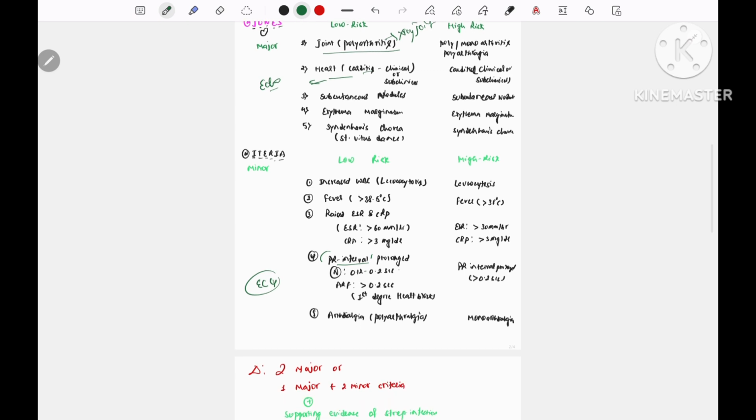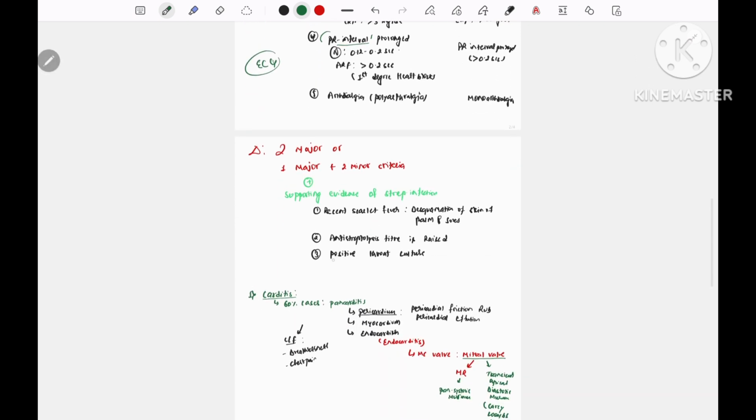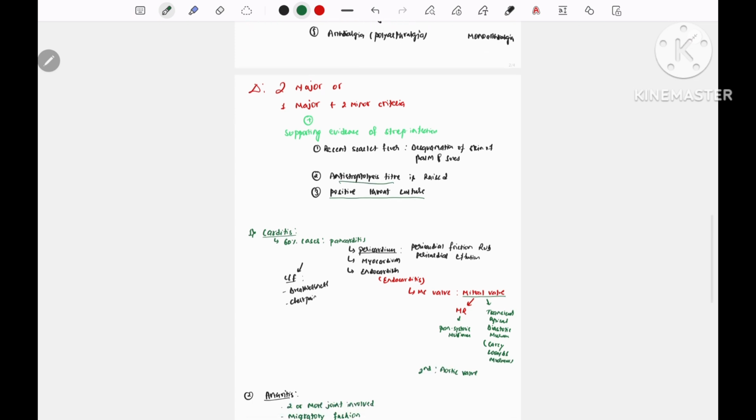Another is that we have to send ESR, CRP, and a complete blood count to see for leukocytosis. These are the basic investigations, and along with them we send a throat culture for positivity and anti-streptolysin titre.